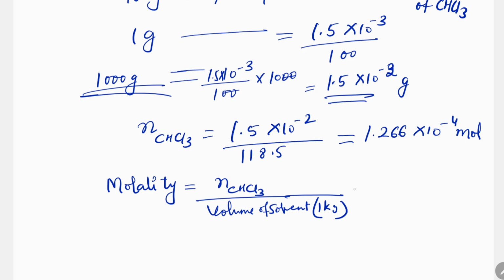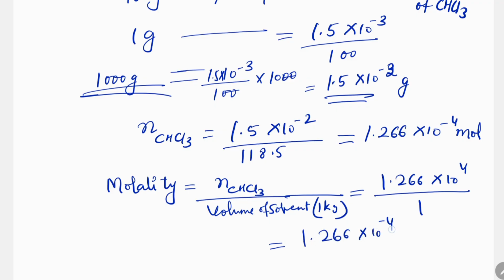So that is 1.266 into 10 raised to power negative 4 divided by 1. That is 1.266 into 10 raised to power negative 4 mole per kilogram, or we can write 1.266 into 10 raised to power negative 4 molal. So this is how we will convert parts per million into molality.